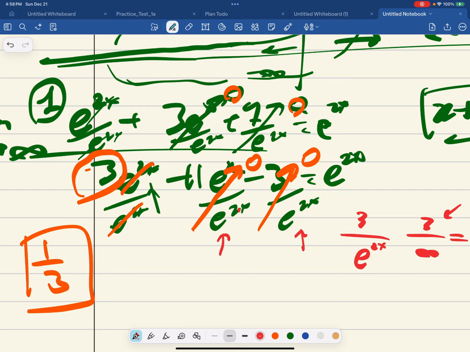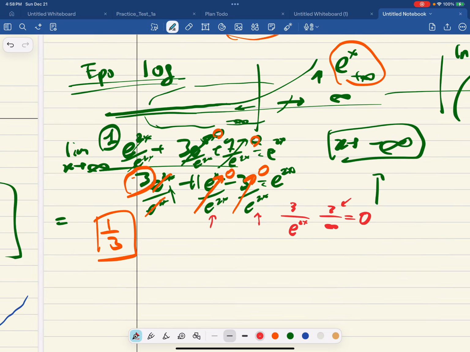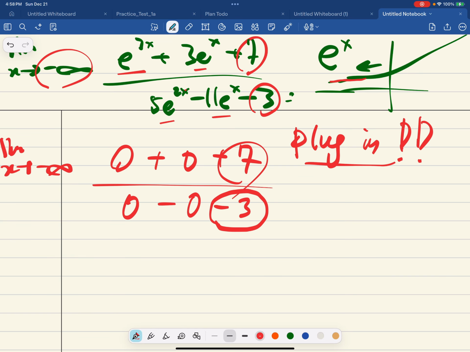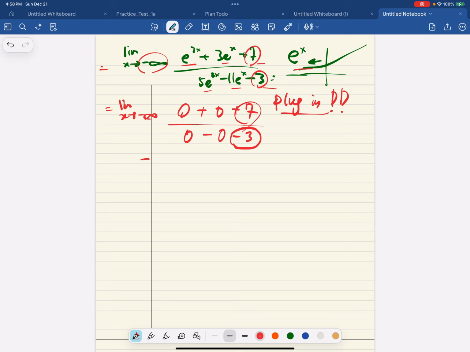The bottom is a lot bigger because it's e to the 2x. But here it's the opposite, because if there is no e to the x here, there is nothing that multiplies 0 to it. So 7 stays, 3 stays. They are the dominants, dominating the answer. Equal to 7 over minus 3.